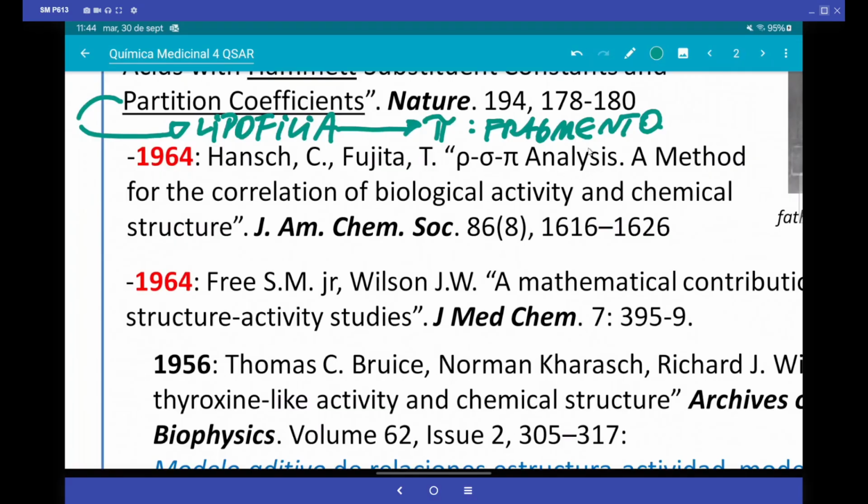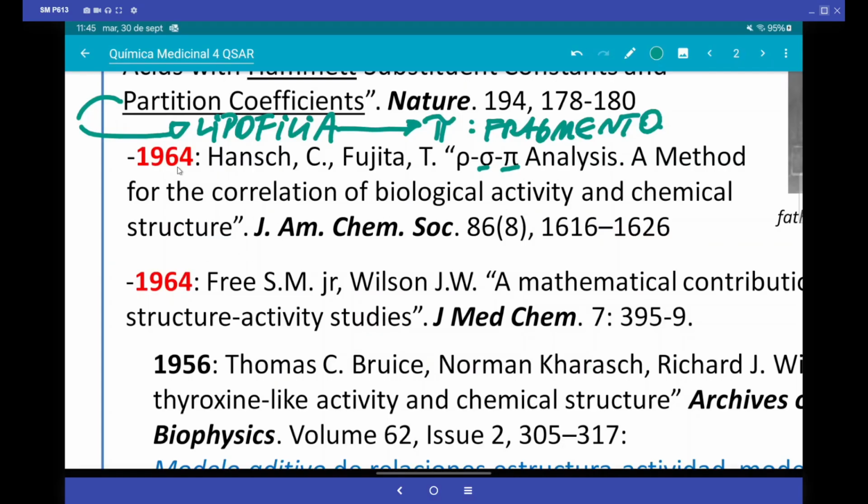Again, in a slightly more refined proposal, and it says analysis rho sigma pi. So here we have this sigma, the Hammett coefficient, and pi, the Hansch lipophilicity coefficient, a method for the correlation of biological activity and chemical structure.